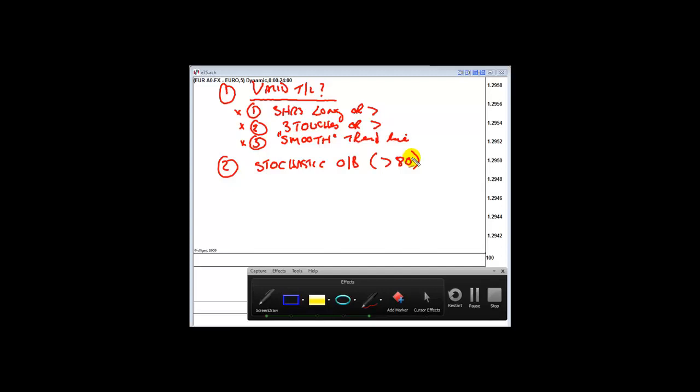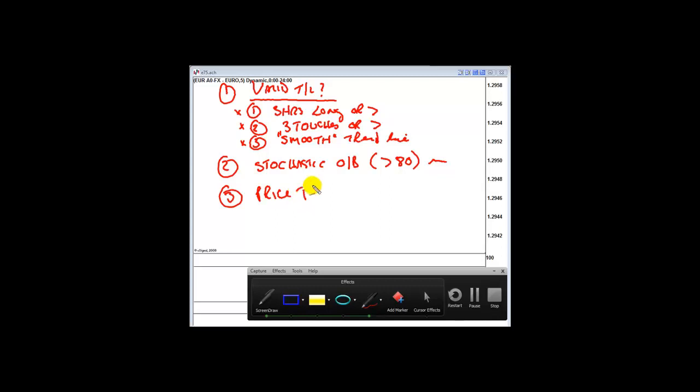It's just got to be above 80. And that's approximate. I don't look for, there's no magic figure in 80 or 79 or 85. But when it gets to that zone, the 80 zone, it means that it's overbought. And so if it reaches 79 or 75, in certain conditions, if everything else is right, I'll consider it as a trade.